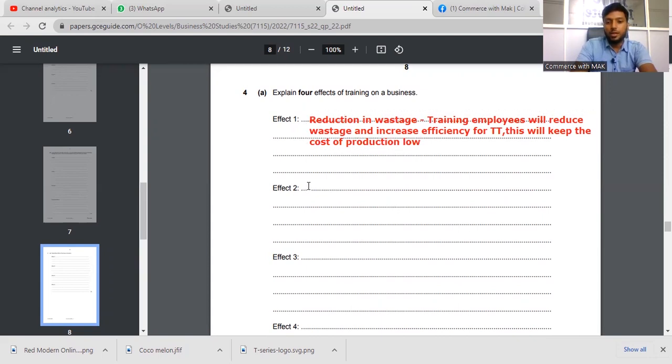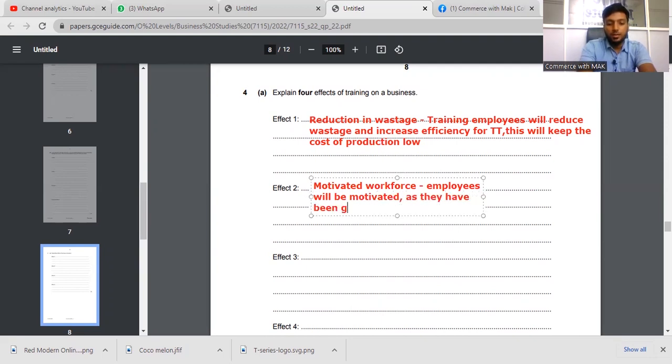Then we have effect 2. So what are we going to write on effect 2? We have motivated workforce. Employees will be motivated as they have been given training.